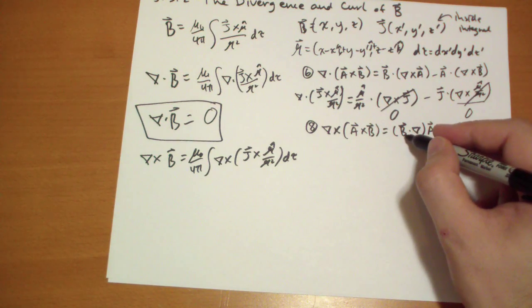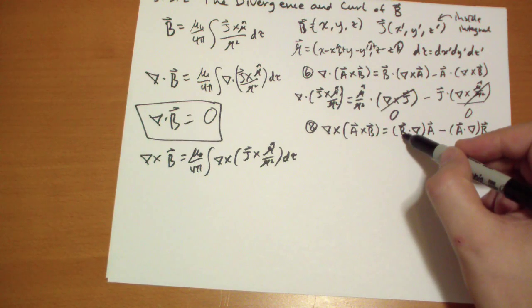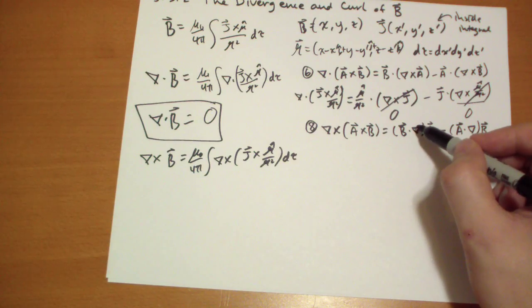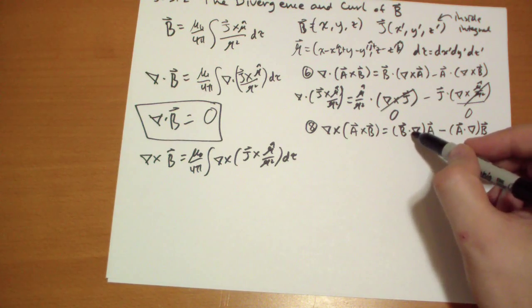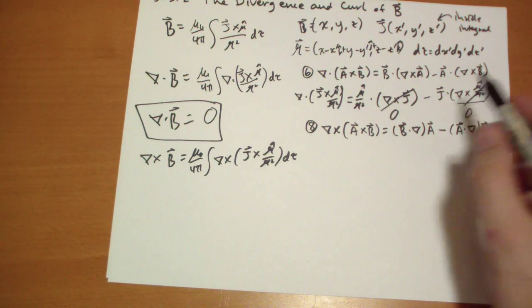Well, the answer is this is a dot product which leads to a scalar. So this is basically Bx d/dx plus By d/dy plus Bz d/dz. And the same thing over there.